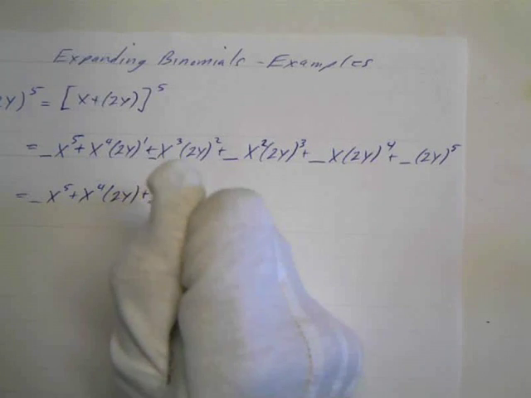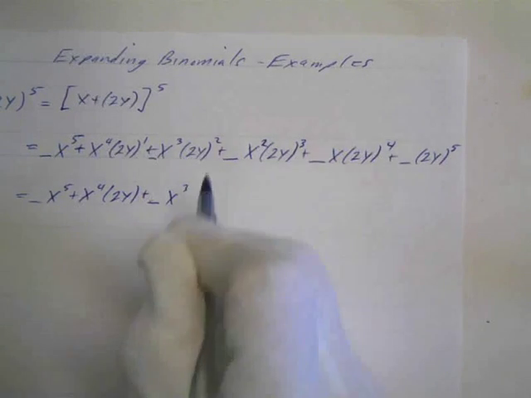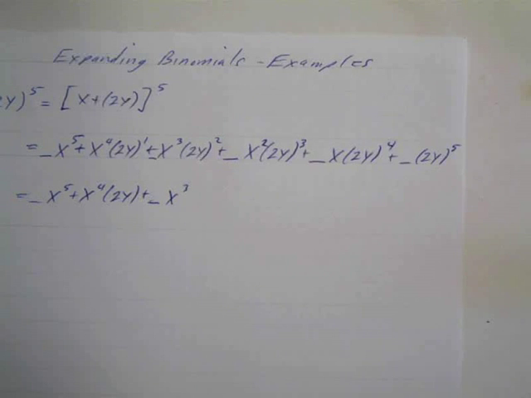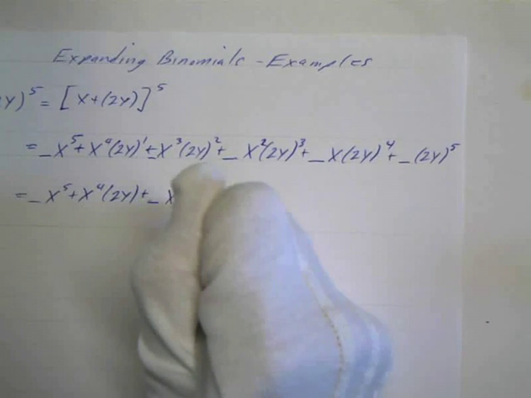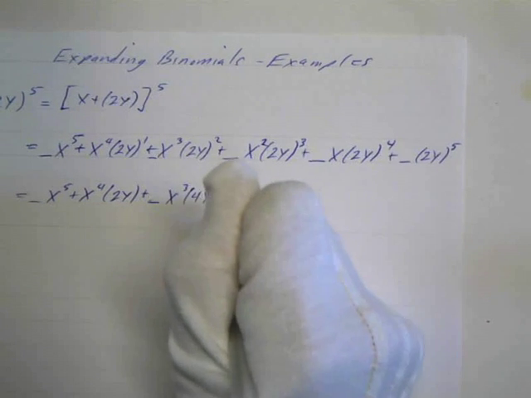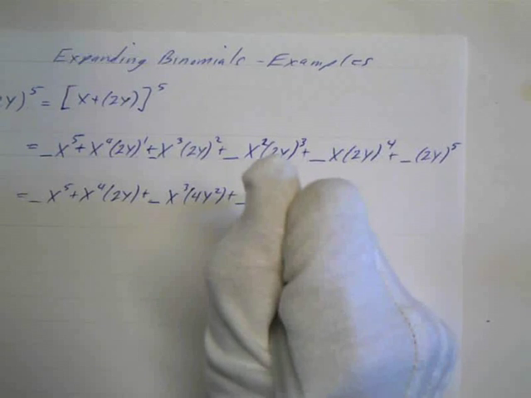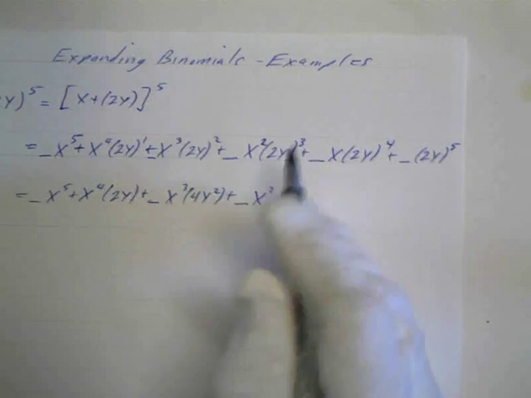And I got x to the third, and then what's 2y squared? That's going to be 2 squared and y squared, so that's 4y squared. And then what's 2y cubed?